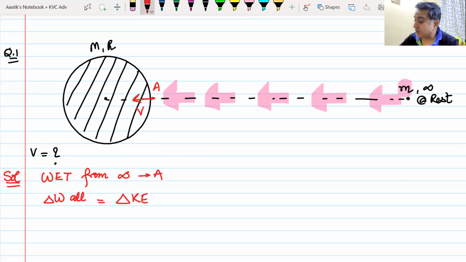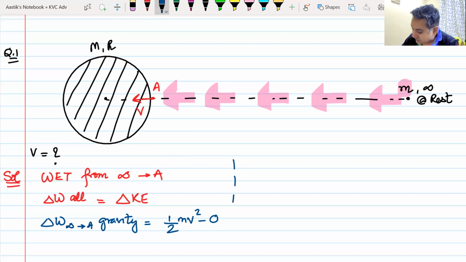Here there is only one force acting. So work done from infinity to A by gravity must be equal to change in kinetic energy. Final kinetic energy is half mv square. Initial kinetic energy is 0. Yes or no? Yes, sir.